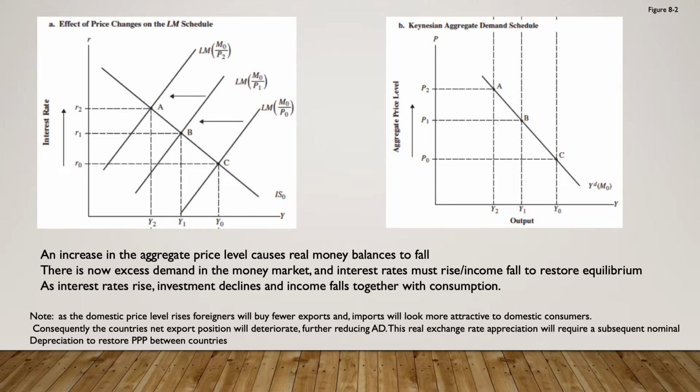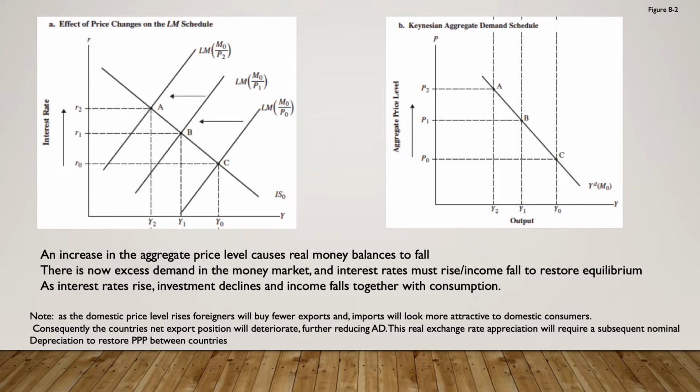Well, let's take a look at starting at point C here at a price level of P naught and a level of output Y naught, and those are points referenced on your aggregate demand curve. So P naught and Y naught provide us a point on the aggregate demand curve, C.